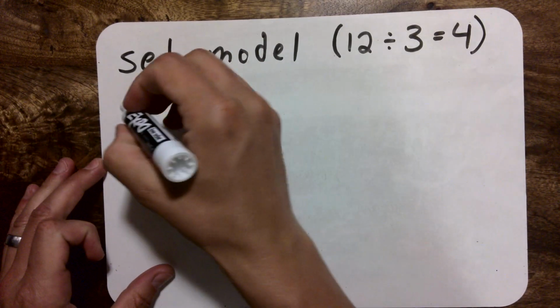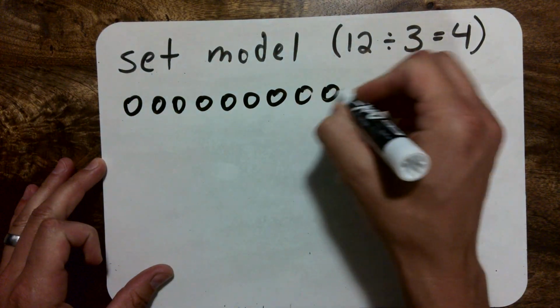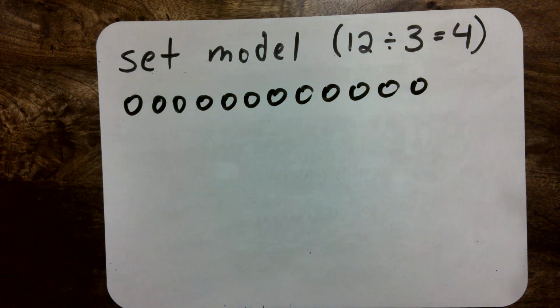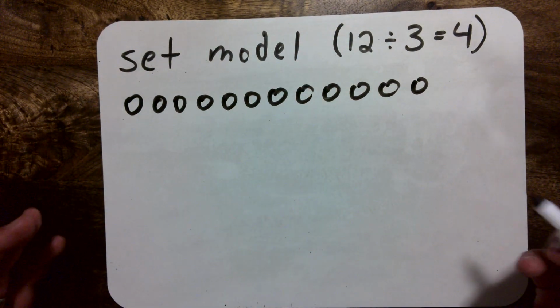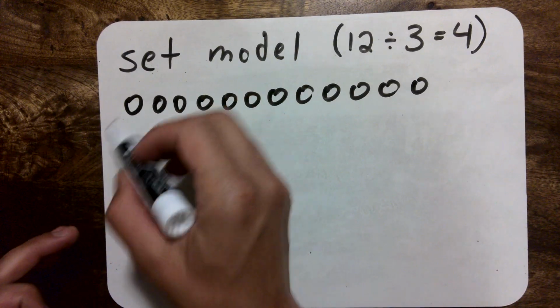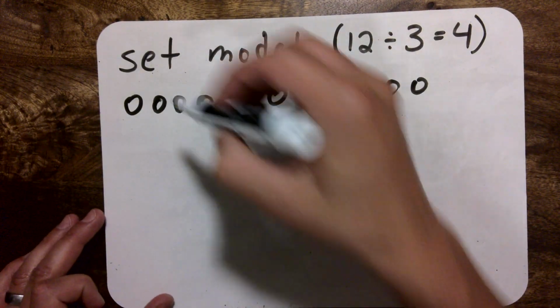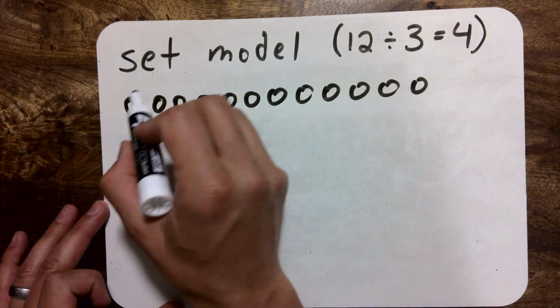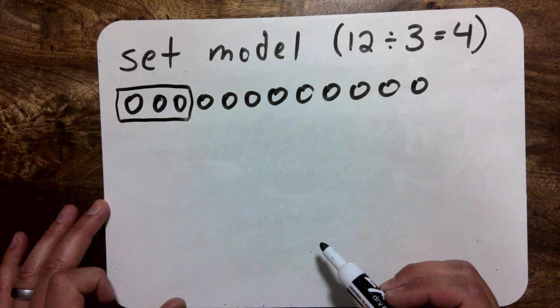And then representational. It's kind of similar. I know that I'm going to make groups that have a size of 3. If I wanted, I could move these and cross these off. I'll say this is going to be one group that has a size of 3.